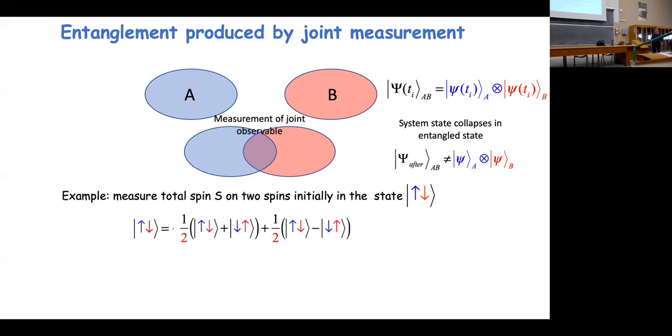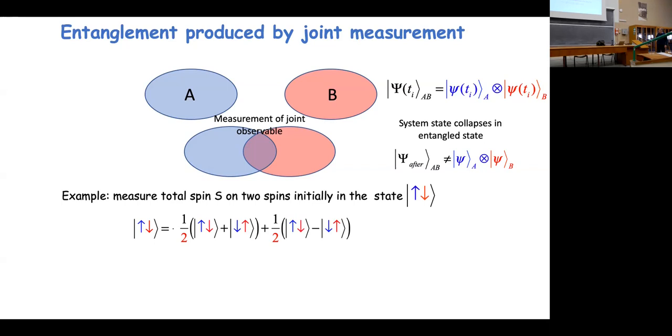For instance, suppose that you have prepared the system with the first particle spin up, the second particle spin down. So this is not entangled. You have one quantum state for the first particle, tensor product with a state for the second. Now you can always expand this as a superposition. In fact, there is an error in the notes.